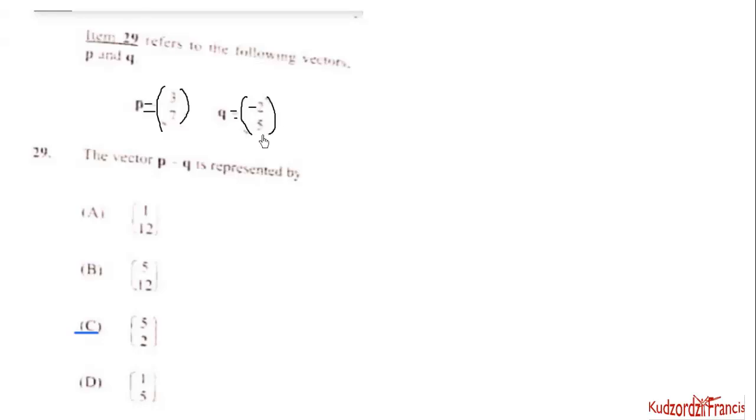We are supposed to find P minus Q. So P minus Q will be equal to 3 minus -2, 7 minus 5, and that will be equal to 5, 2. So it means the correct answer is C.